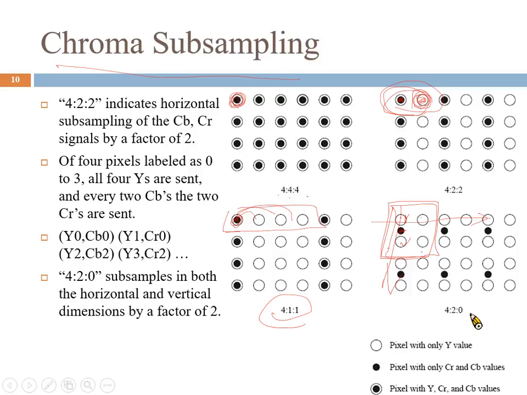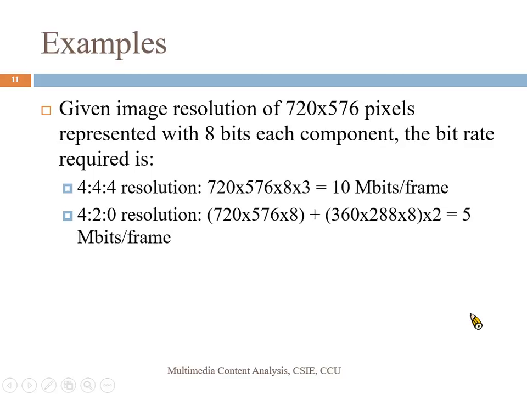Okay, chroma subsampling is an important technique for data compression, especially for video. So here is an example. Given an image resolution of 720 by 576 pixels, if we represent each color component by 8 bits, the bit rate for the 4:4:4 scheme would be 10 megabits per frame.